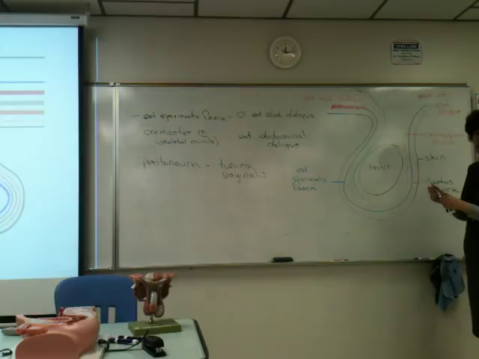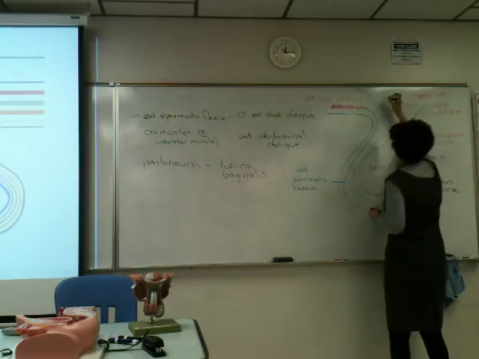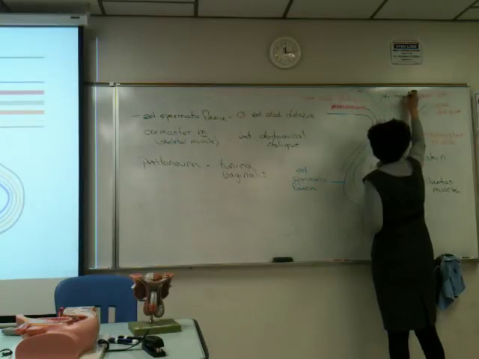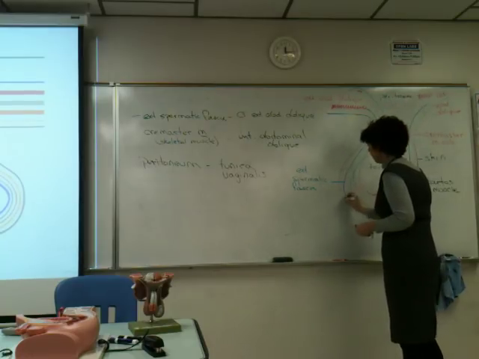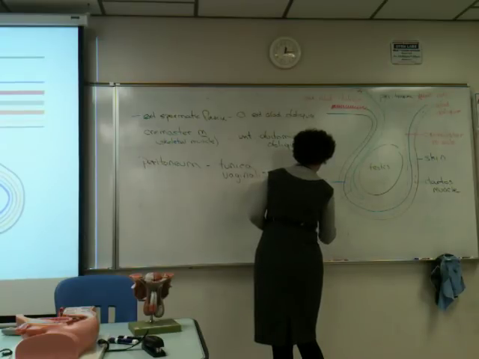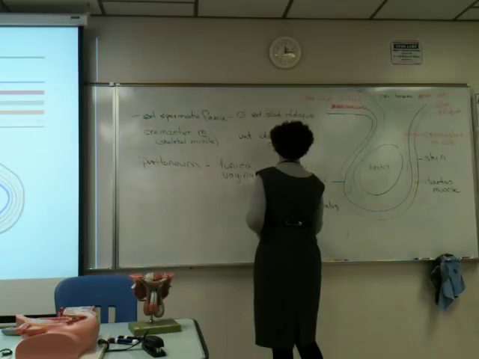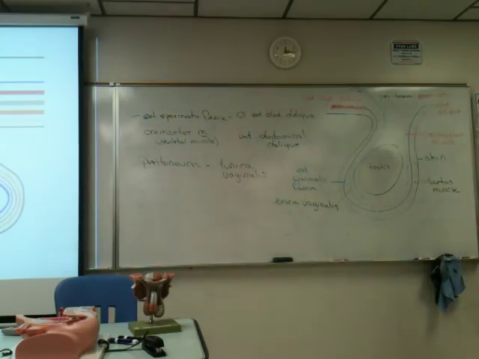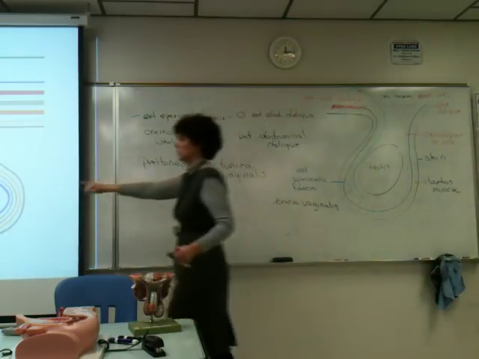So I'm going to write the lettering in black because the green isn't showing up very well, but this would be peritoneum. And here it forms the tunica vaginalis. And that would be this structure here.